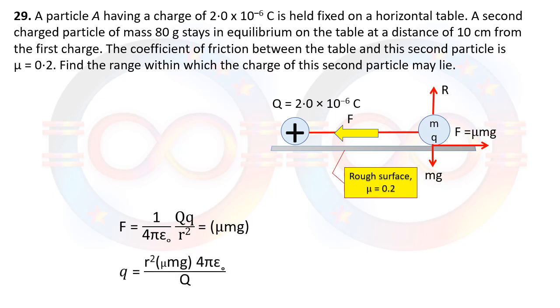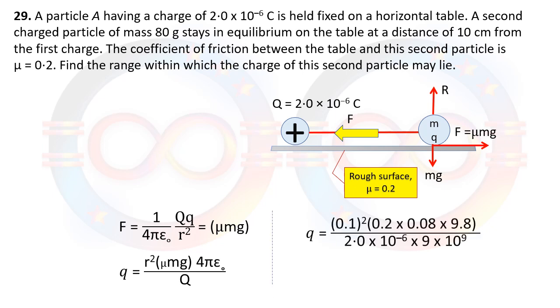If we take the force as 1 by 4 pi epsilon naught q upon r square is equal to mu mg, q is equal to r square mu mg upon q into 4 pi epsilon naught. You put all the values given in the question, and then you will be able to get charge as 8.7 into 10 raised to minus 8 coulomb, may be positive as well as negative.